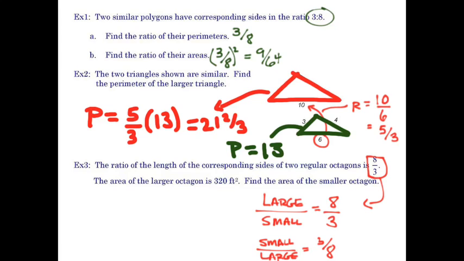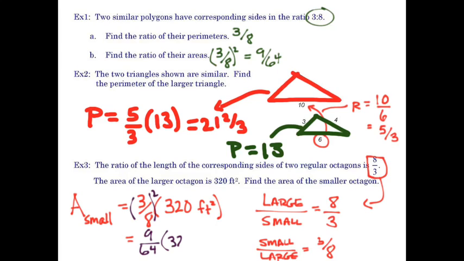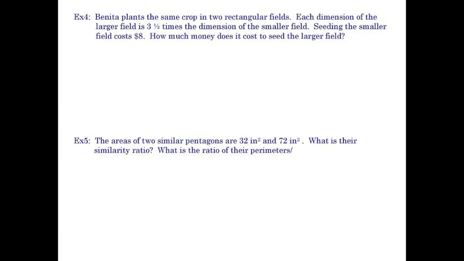If I flip it to small over large, area small is 3/8 times 320 square feet, but that ratio is going to get squared, right? Because that's how the factor goes up. So it's not 3/8 times 320 square feet, but it is 9/64 times 320 square feet.